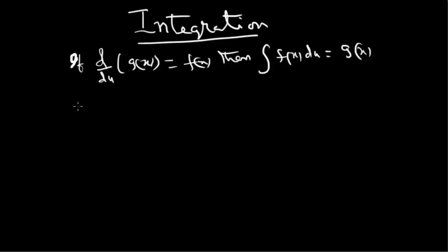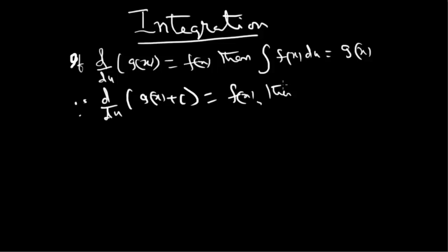Now since d by dx of g(x) plus c, where c is a constant, is also equal to f(x), then the integral of f(x) dx can be written as g(x) plus c by the above definition, where c is a constant.